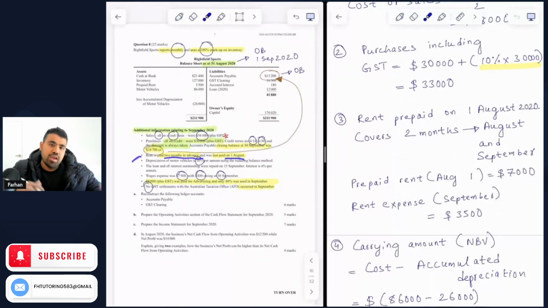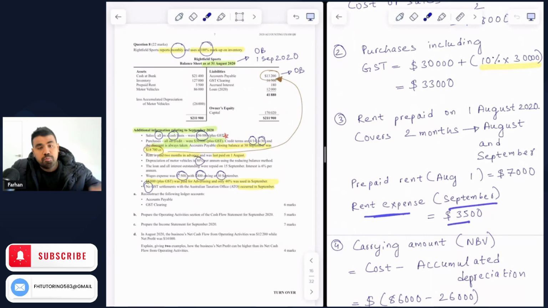So obviously, whatever was left in the books for prepaid rent at the end of the first month, which is 31 August 2020, will be entirely expensed during the month of September 2020, and that should be $3,500. All right. So rent expense for the month of September is $3,500, which is what we are going to be showing in the income statement.